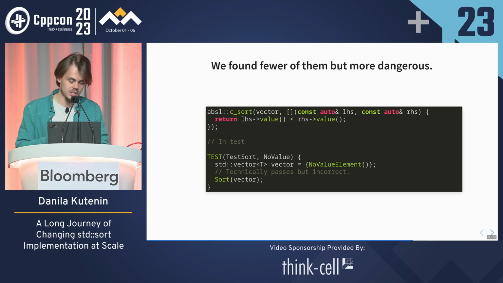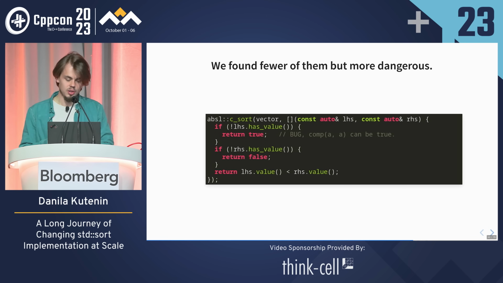A vector of one element is already a sorted vector. But if you have a comparator which dereferences some pointer, and you have an element which doesn't have any value, so it's null, then you're dereferencing a null pointer, and that results in a failure.